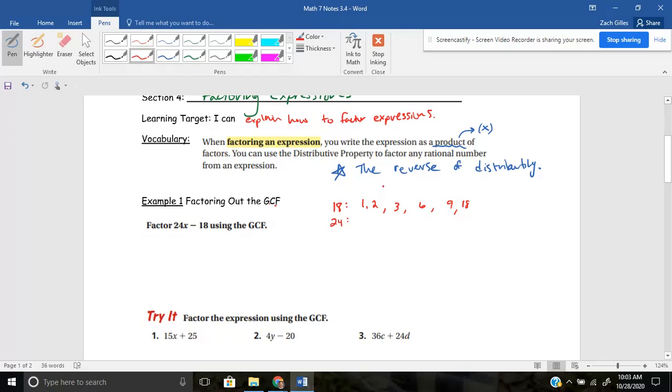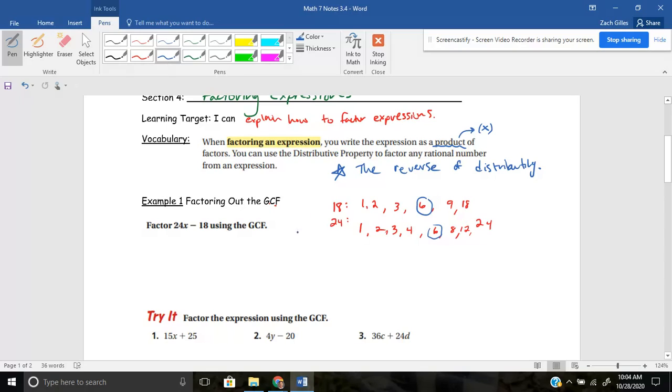And those are all the factors. The factors of 24: 1 times 24, 2 times 12, 3 times 8, 4 times 6. Now we're looking for the greatest number they have in common. It looks like 6 is the greatest factor they have in common.